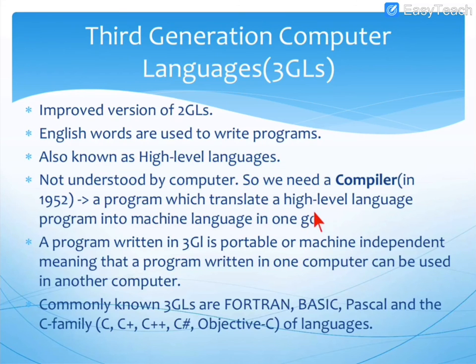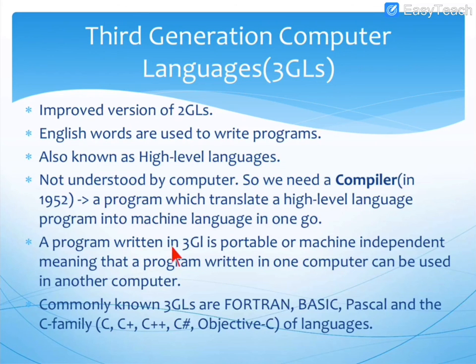I mean, the whole program is converted into the machine code altogether. After the compiler runs, the whole program is converted into machine code. The computer understands this program and executes the instructions.